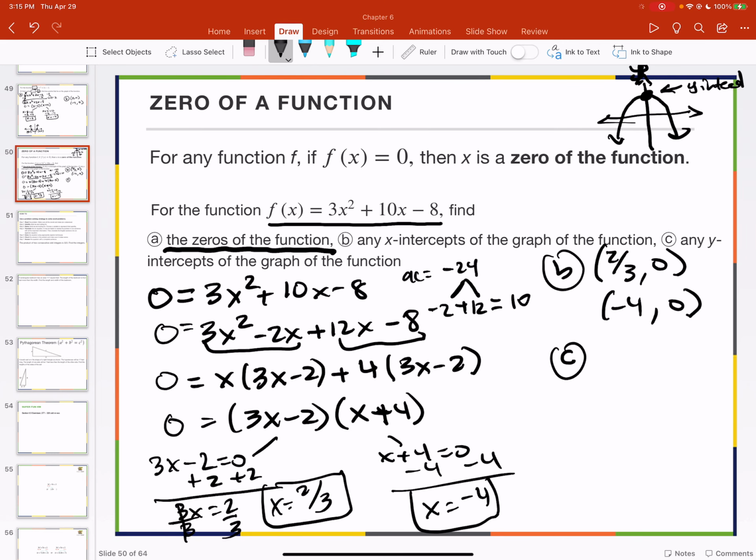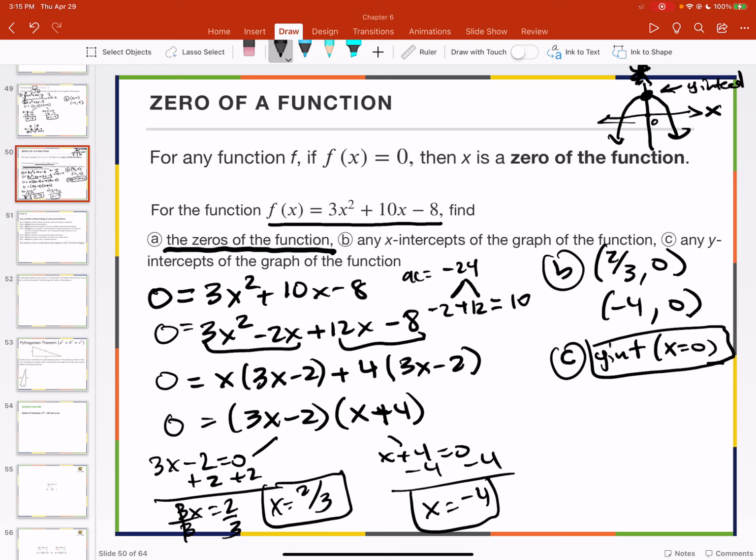Remember, this is the y-axis and this is the x-axis. What's the value of x at any y-intercept? Well, it's 0. So in order to find a y-intercept, we need to let x equal 0. And analogously, if you're finding an x-intercept, the y value needs to be equal to 0, which is what we've been doing anyway.